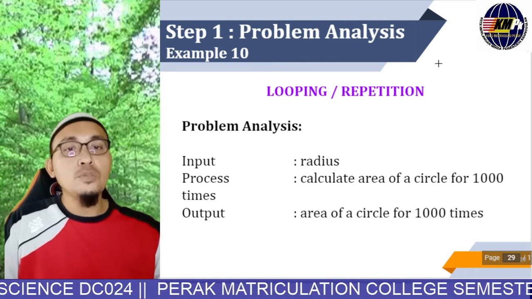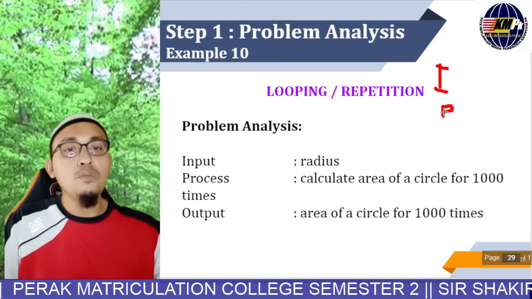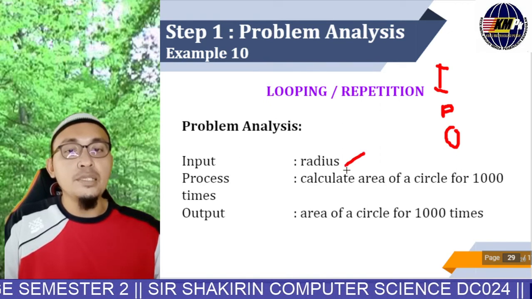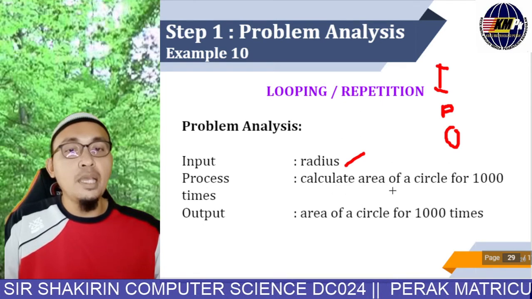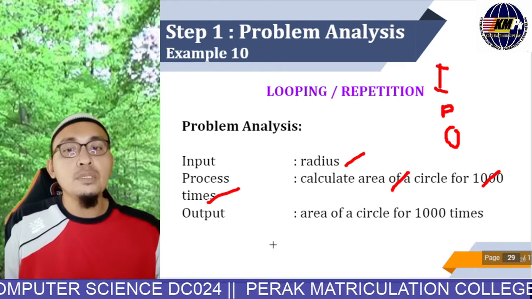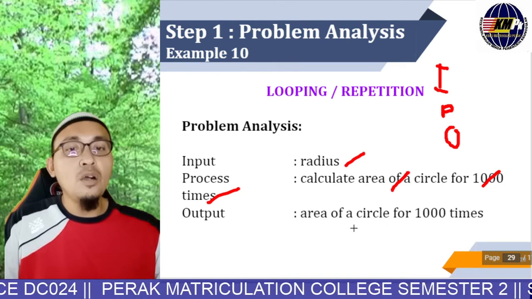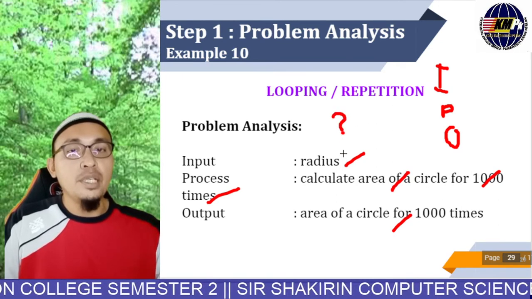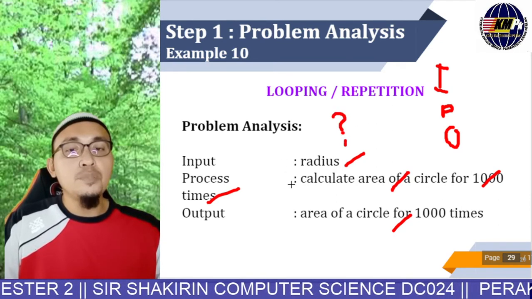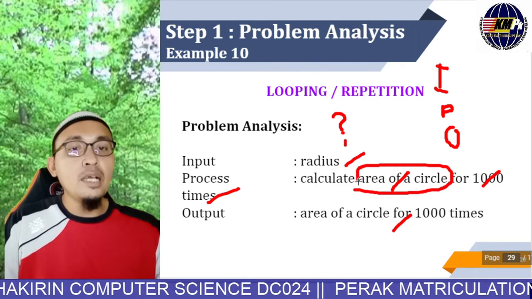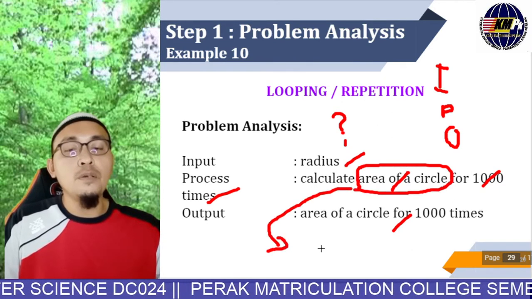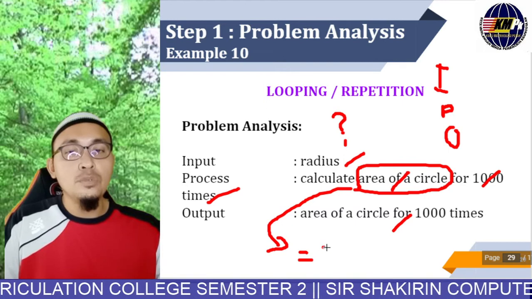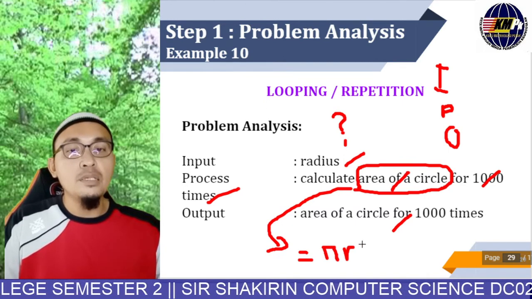Okay, let's look at the I, P, and O for this problem statement. If you see here, the input is radius, and the process is calculate area of circle for 1000 times, and the output is area of a circle for 1000 times. Why do we use radius as an input here? It is because to calculate area of circle, we refer to the math formula: area of circle is equal to pi times r square.